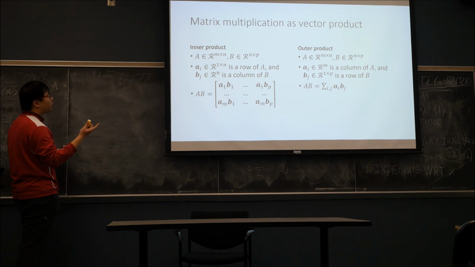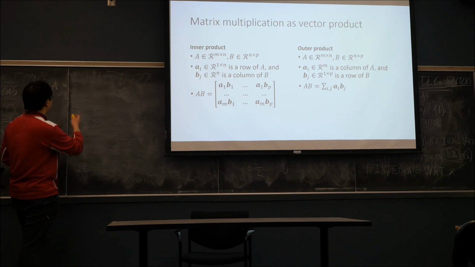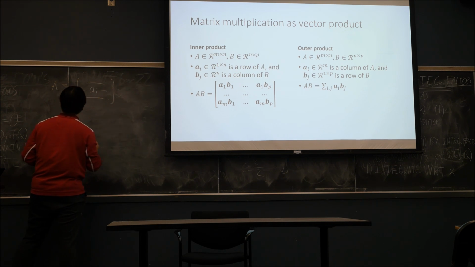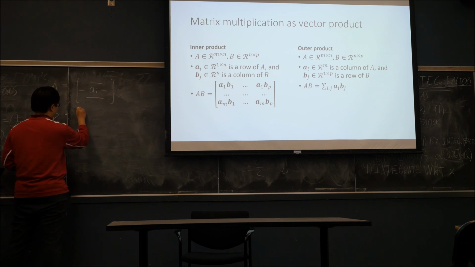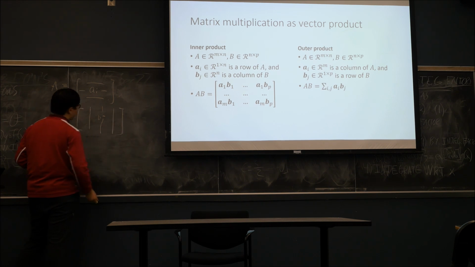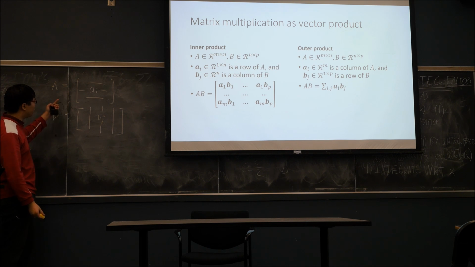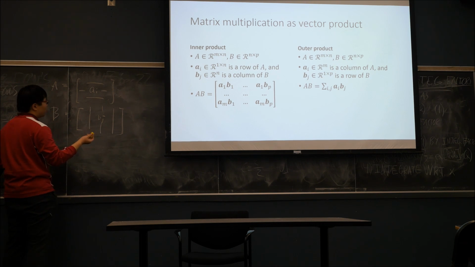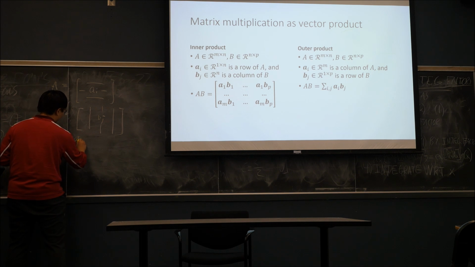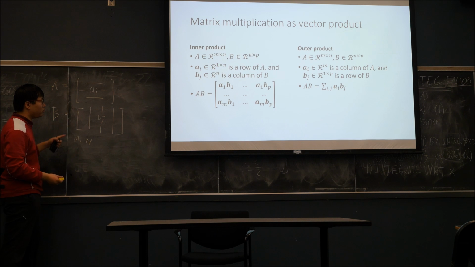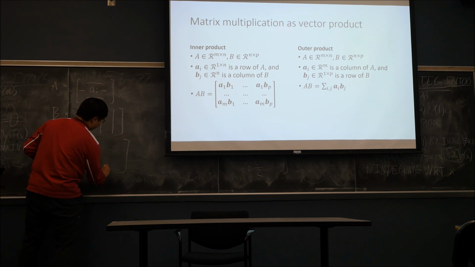For the inner product, Ai is a row of A, and Bj is a column of B. We pick all these pairs and multiply them together. The first element of AB is going to be A1 times B1. It's a row from here and a column from here. This is how you do matrix multiplication.